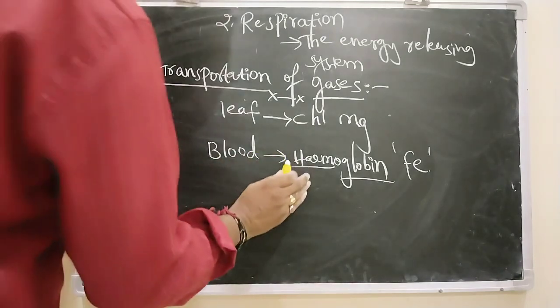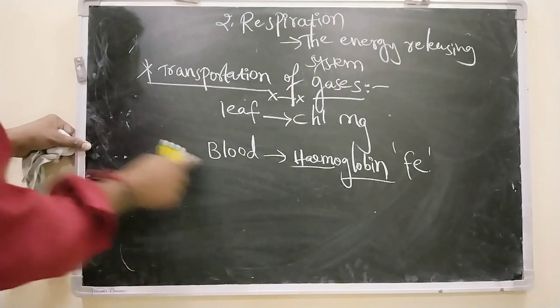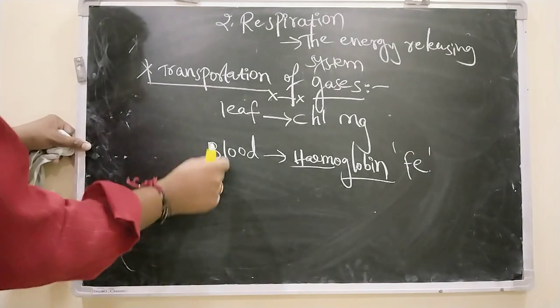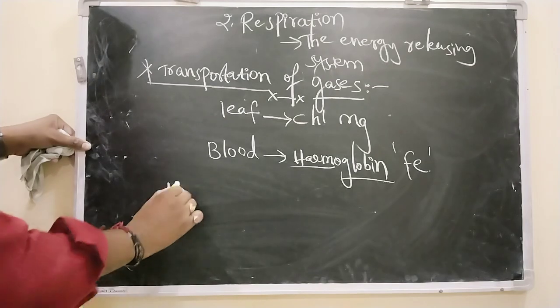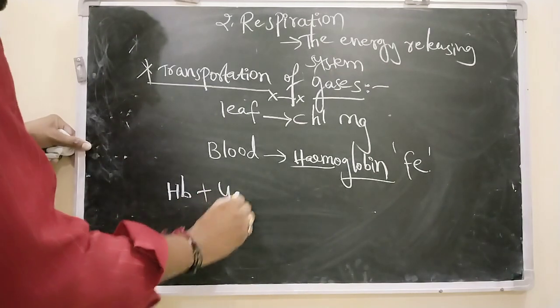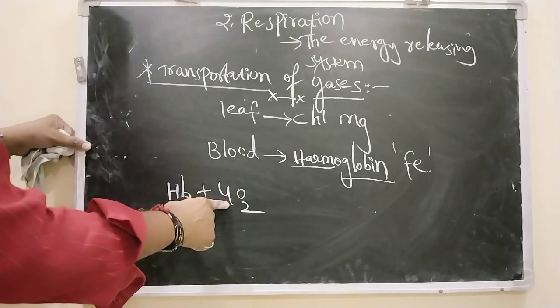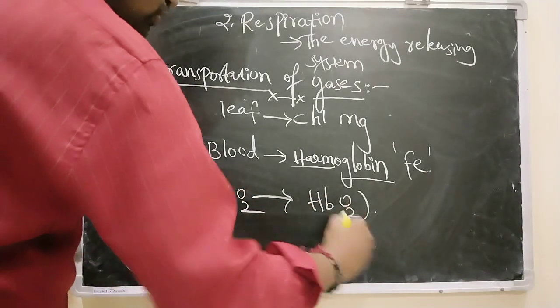Okay, after the oxygen enters from alveolus to blood capillary, what is happening in the blood? Here the hemoglobin, Hb, combining with oxygen gives rise to HbO2 taken 4.